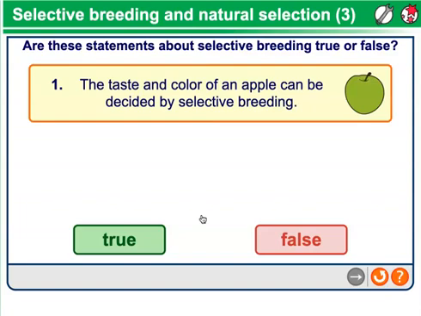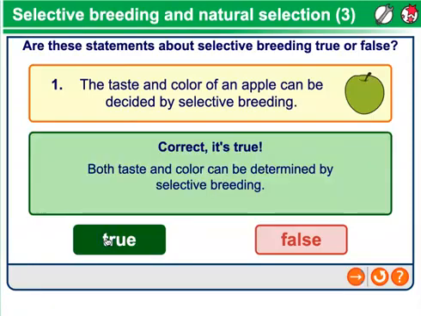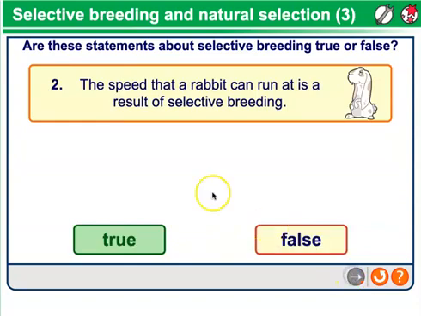The taste and color of an apple can be decided by selective breeding. This is true. Both taste and color can be determined by selective breeding. Number 2, the speed that a rabbit can run is a result of selective breeding.